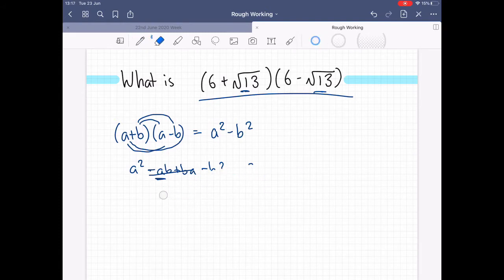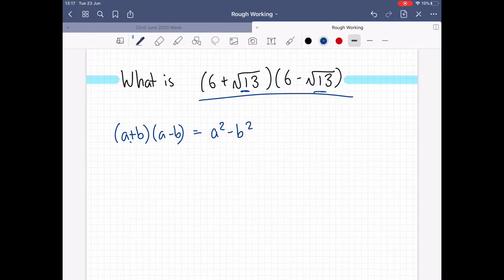And as you can see, hopefully, we are actually using this form here. So this would be (a + b)(a − b). What we can do is get the values of a and b and plug them into this.